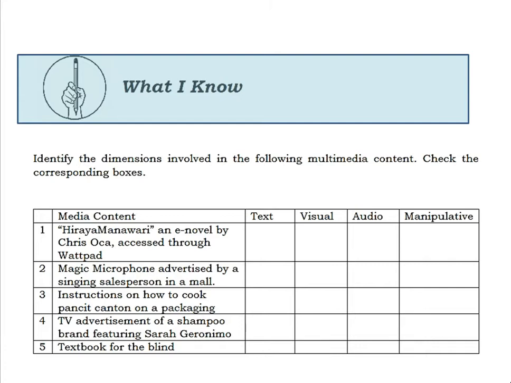Kasi nga ma'am, blind siya, hindi niya makikita if it's text. Kaya kailangan niyang i-manipulate para malaman niya kung ano yung klase. Exactly. The correct answer is manipulative kasi it is composed of tuldok-tuldok, hindi siya ABC.